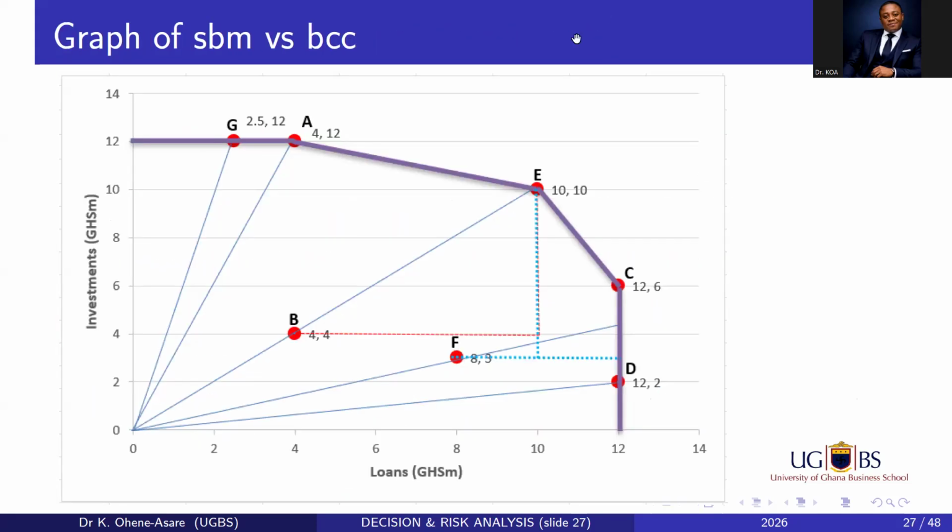What will be the efficiency score of B? So to the frontier is 10, to B is 4. So that's 4 over 10, 40%. No. You didn't use the definition. What is the efficiency score of B?